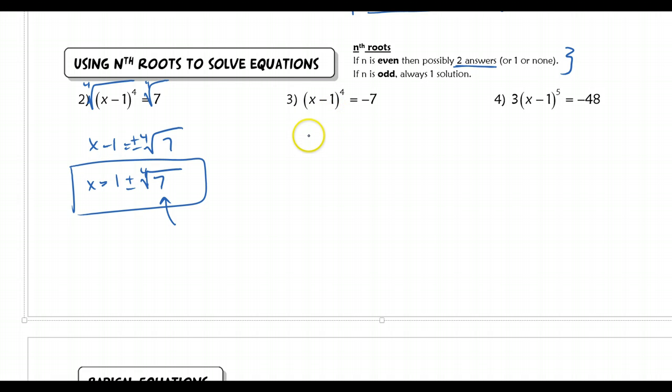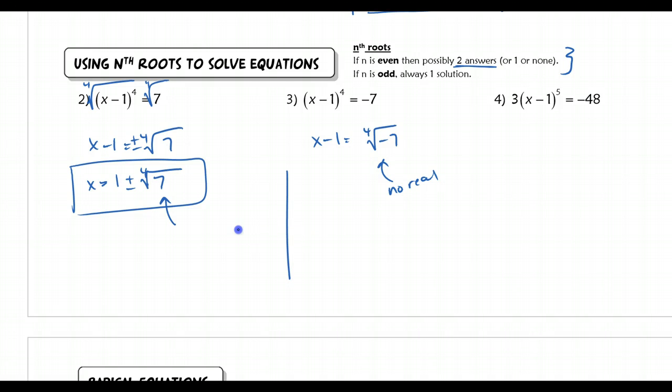So if we took the 4th root of both sides, we end up with x minus 1 equaling the 4th root of -7, which has no real, these are complex solutions, so we'd actually stop here. So it has no real roots here, because again, a root is when it crosses the x-axis, so this particular function would never cross the x-axis because it doesn't have any real roots.